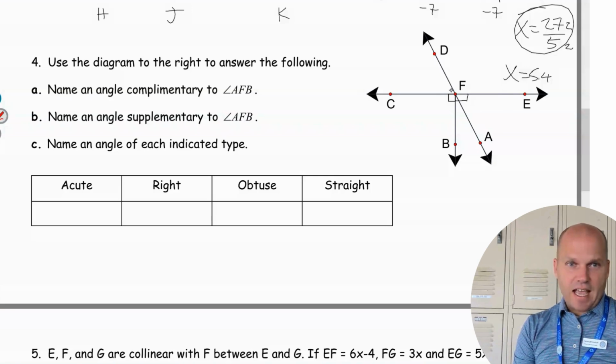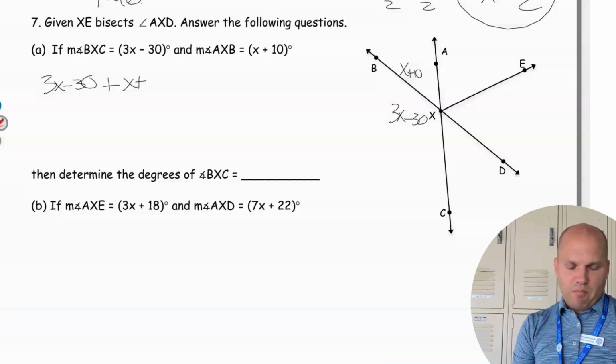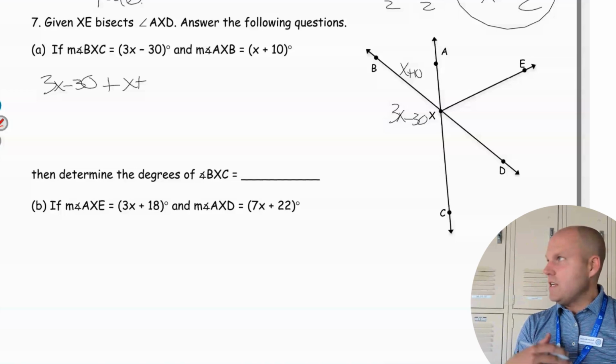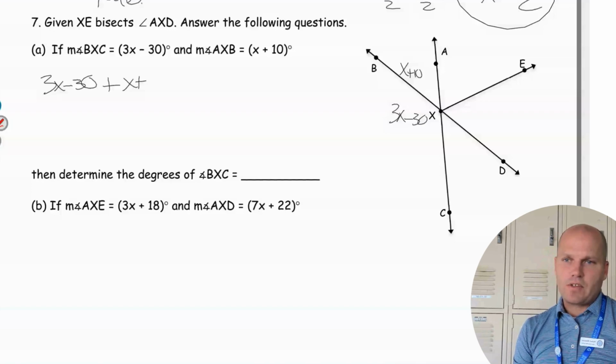Supplementary to AFB. Okay, well, let's look at just AFB. We need a straight line to easily identify supplementary angles.